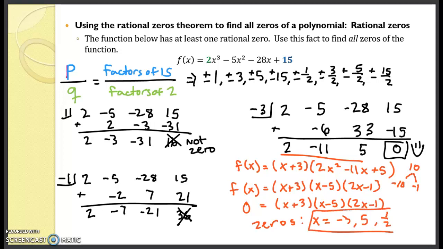And those are the zeros of that function. So we found all zeros of the function because it's a cubic function, so I know I can have at most 3 zeros. I also want you to notice that our answers were all of the form p over q. That is the rational zeros theorem.